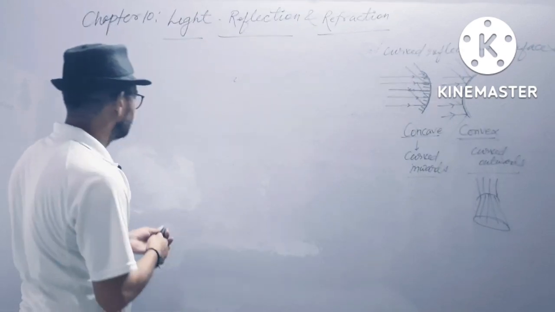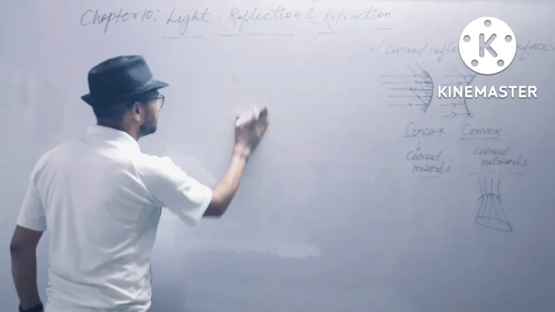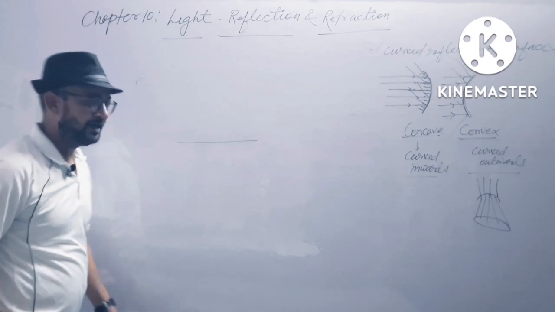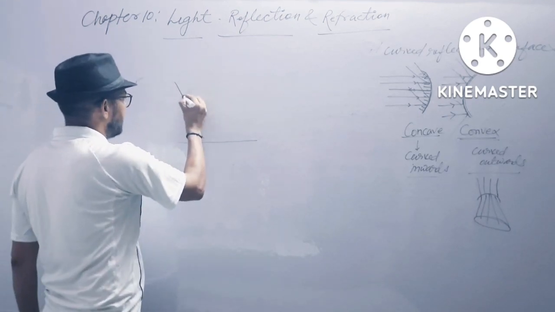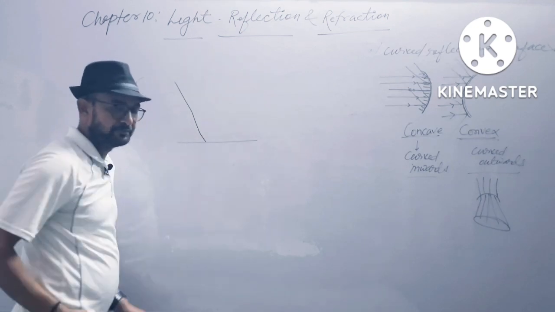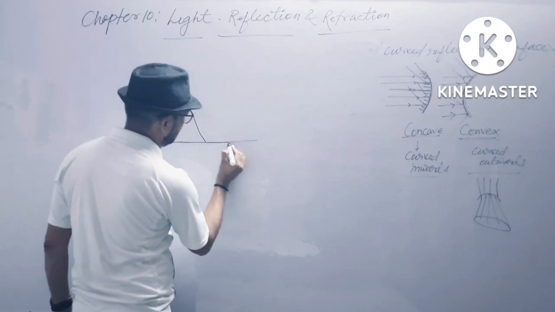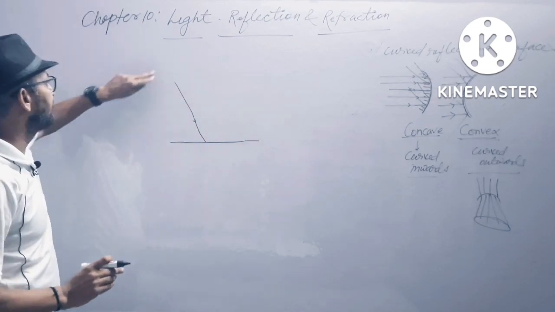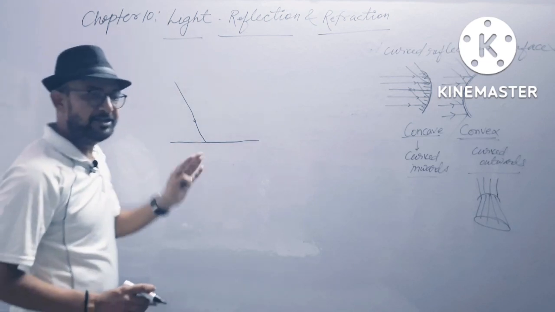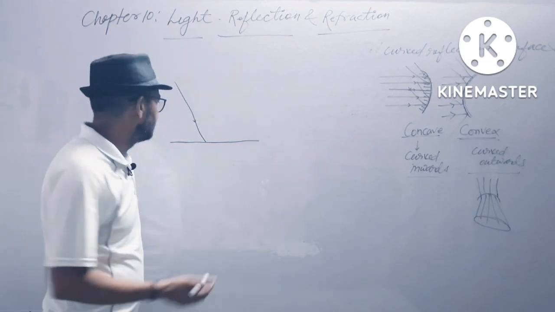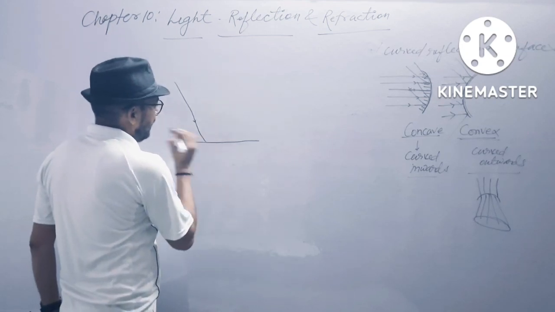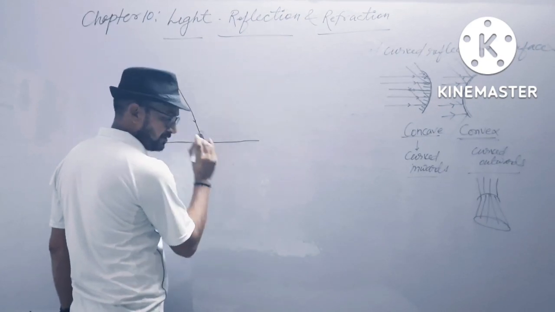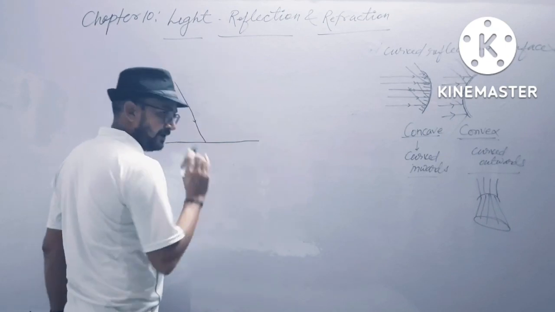See, this is a plane. Rays fall on this. Rays come from any source of light. It may be the sun, it may be a torch, it may be anything which is emitting light, and it strikes on this plane, it falls on the plane.